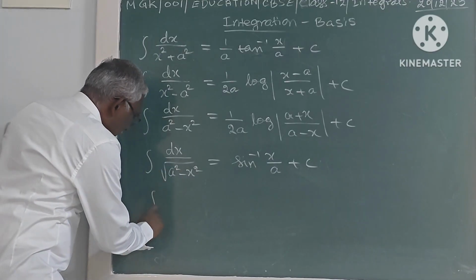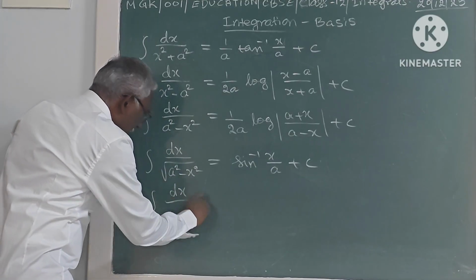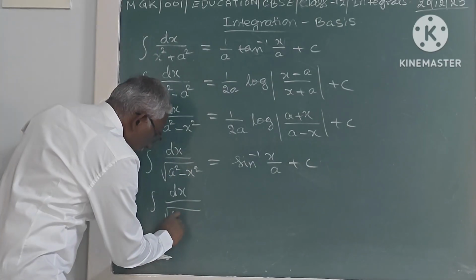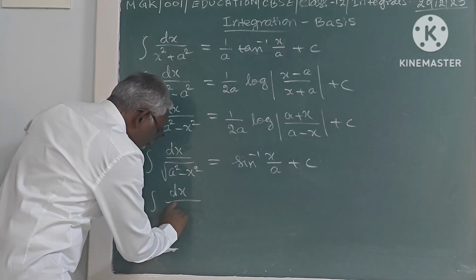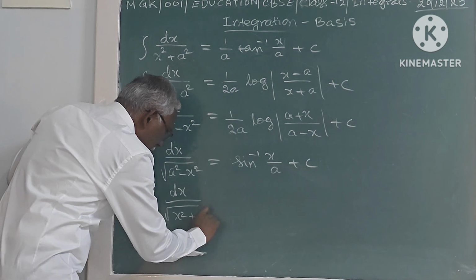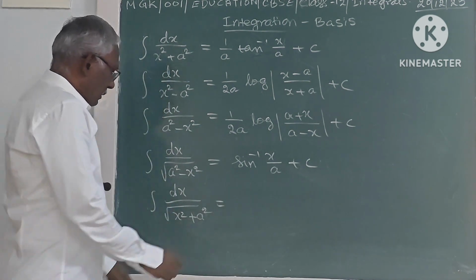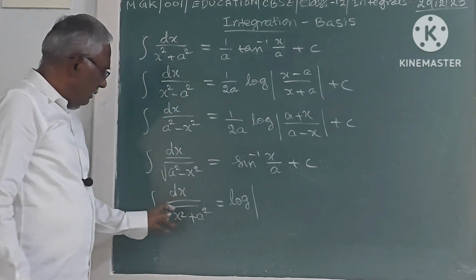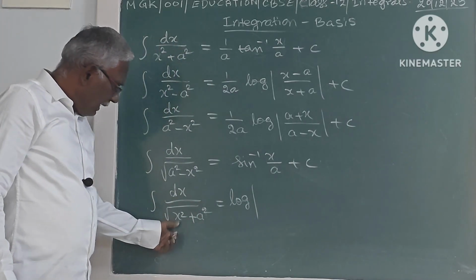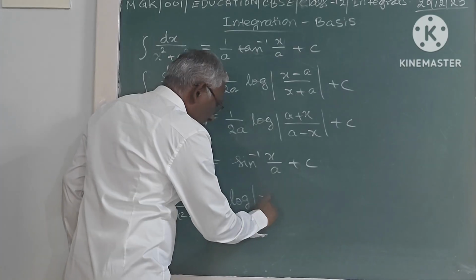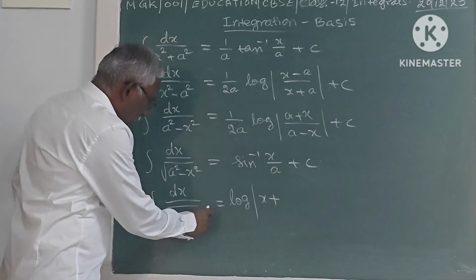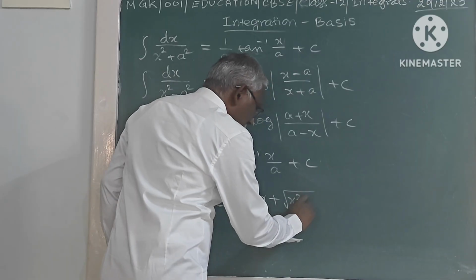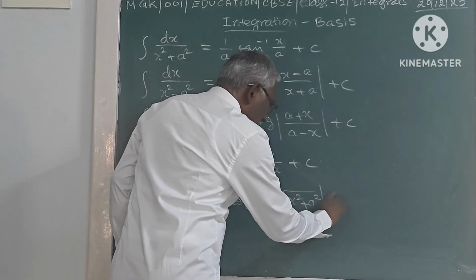Then other two integrals, integral dx by square root of x square plus a square, I'll write x square plus a square. The value of this integral is log of x plus, we have to write the whole thing, square root of x square plus a square plus constant.